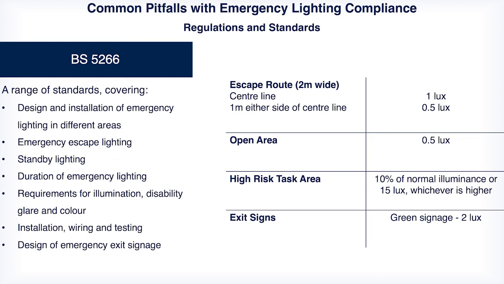Certainly some of the obvious ones are those with dangerous machinery, whether that be high temperatures in production areas or cutting machines. A lot of those areas are classed as high risk. So a failure of the mains lighting, which leaves those areas at light levels which in open areas are 0.5 lux, is clearly in some cases not adequate, and so the high risk 10% of normal illuminance comes into play.